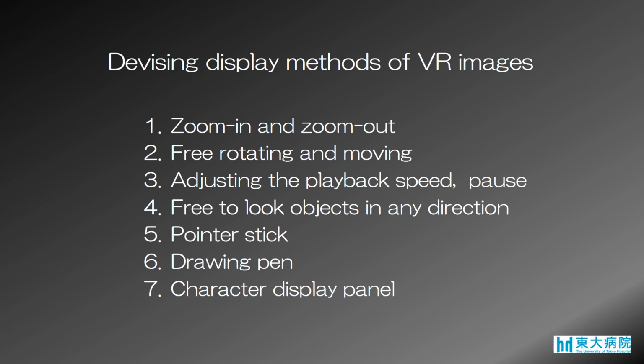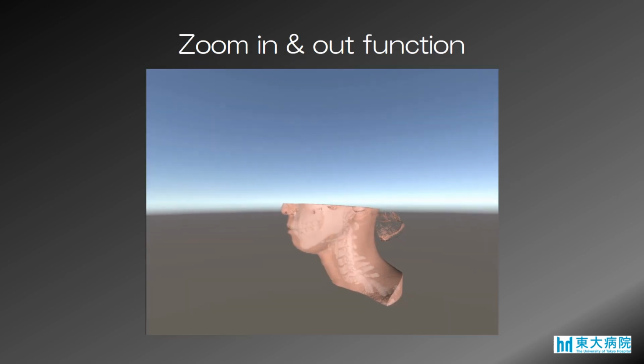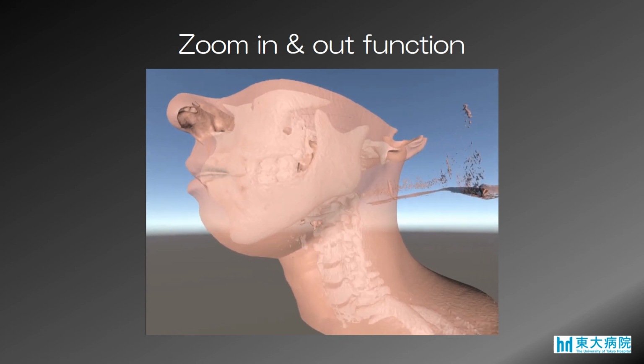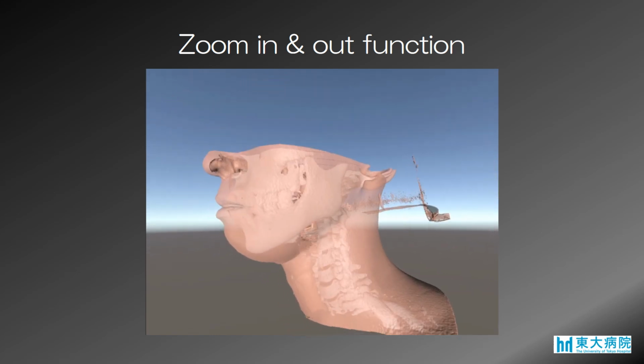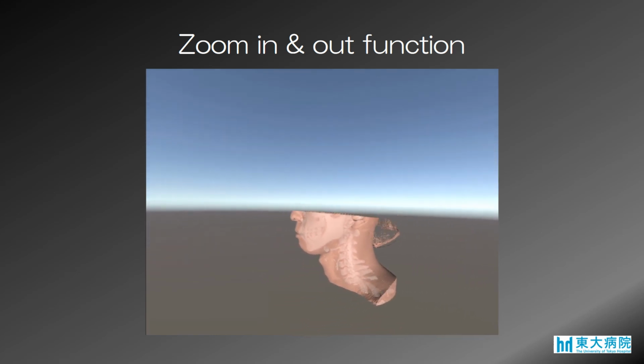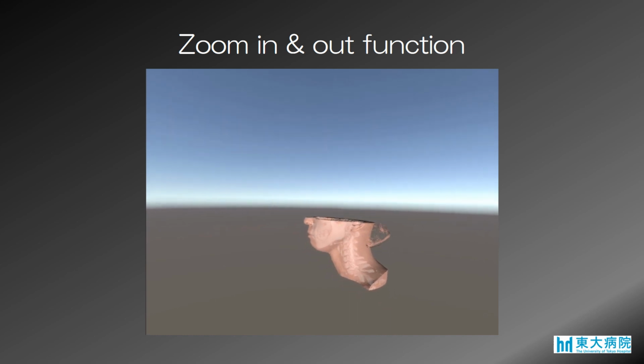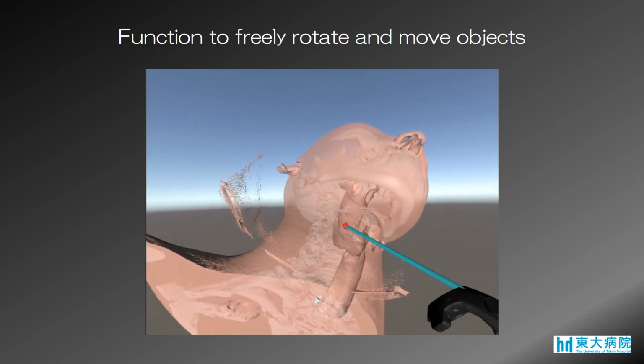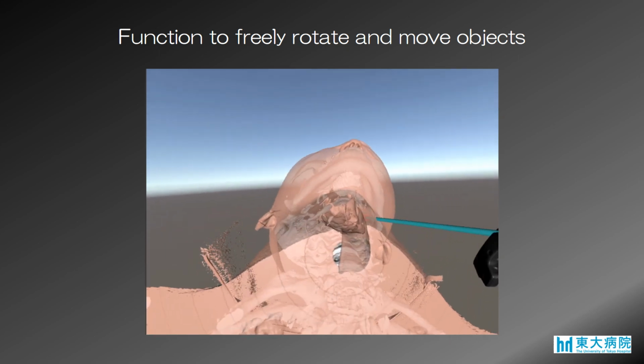In addition, as innovations in displaying the VR images, we have added the following functions to this VR system. Those can be operated with two-hand controls. I show the zoom in and out function here. Then I can freely rotate and move the object like this.